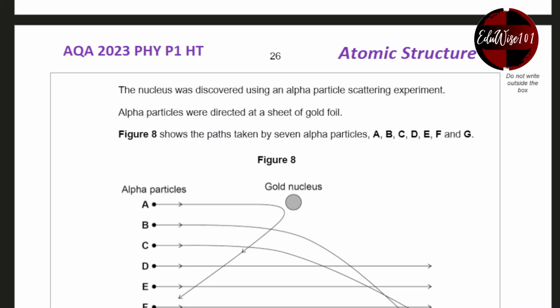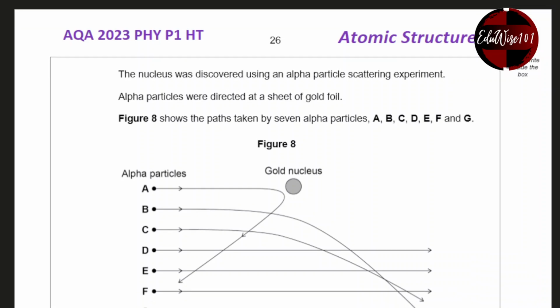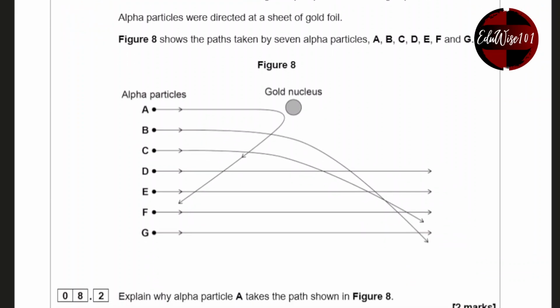The nucleus was discovered using an alpha particle scattering experiment. Alpha particles were directed at a sheet of gold foil. Figure 8 shows the paths taken by 7 alpha particles, A to G. So you can see particle A, which is going near the nucleus, is bouncing off straight back in the direction the alpha particle was emitted from.